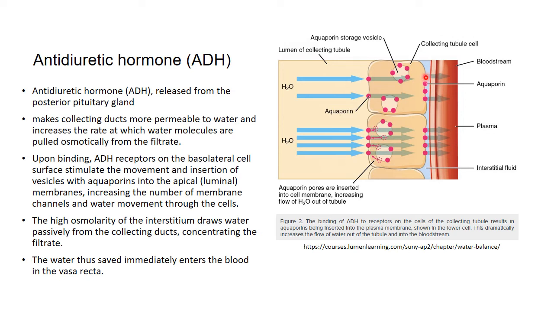So it increases the number of water channels present in the luminal surface of the cell. These water channels will reabsorb water from the filtrate in a much faster and more efficient way, so our body will conserve water to end the dehydration state.